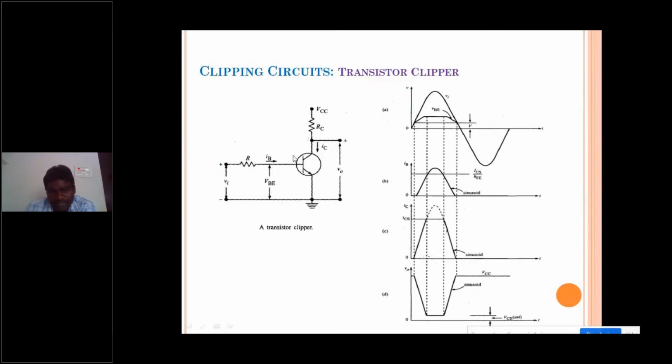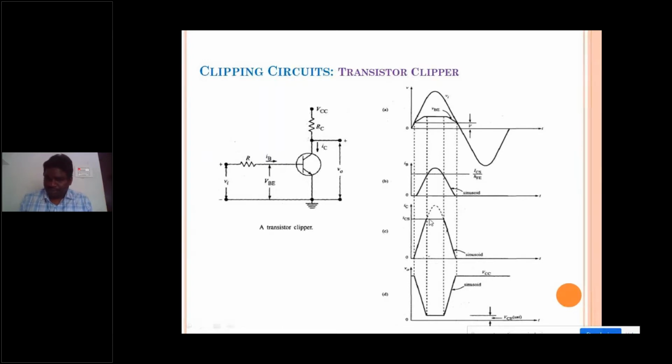As the base current increases, what will happen to the collector current? The collector current also increases because IC is equal to HFE into IB. Look here, this is important. As the base current increases, the collector current is also increasing.